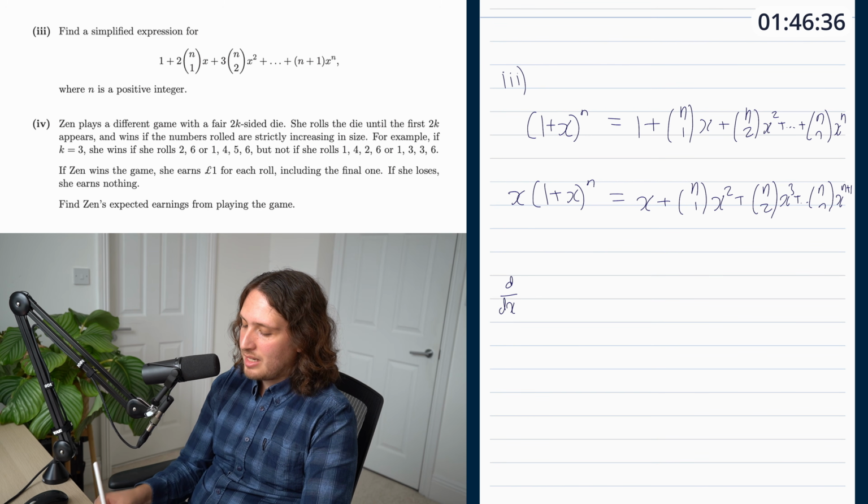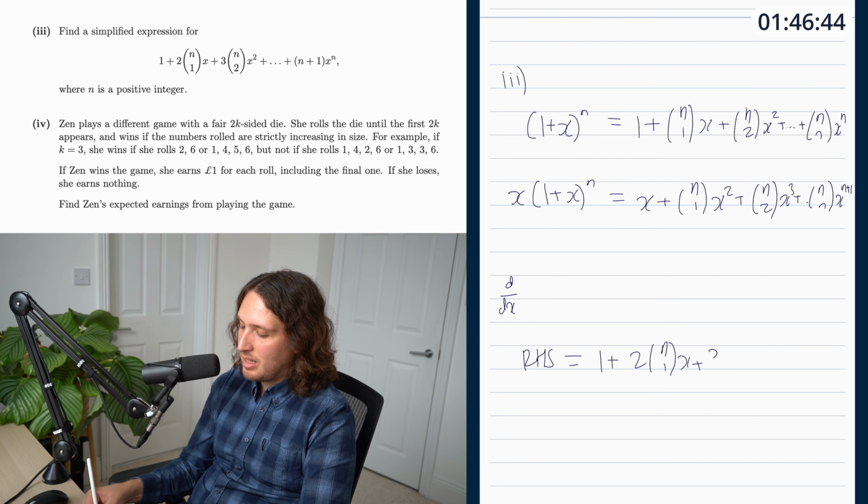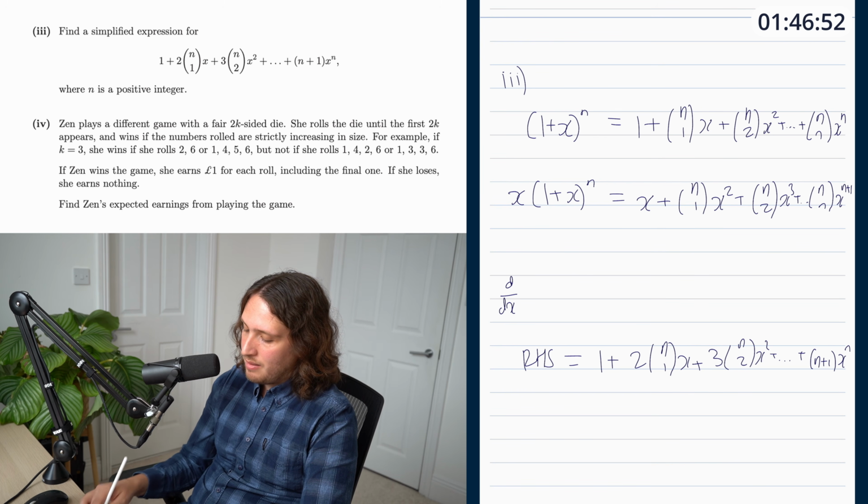So if I take an x derivative, the right-hand side becomes exactly what I wanted, I think. 2 n choose 1 x plus 3 n choose 2 x squared, and so on through to n plus 1, n choose n, which is just 1, x to the n.